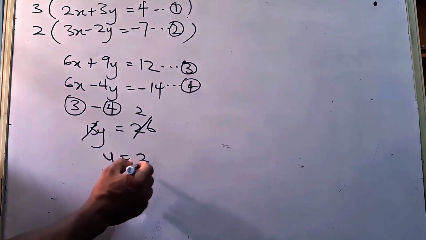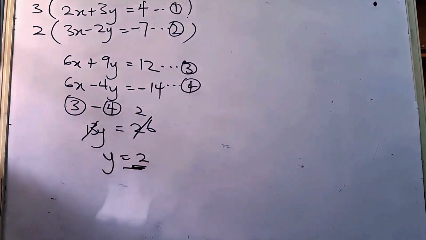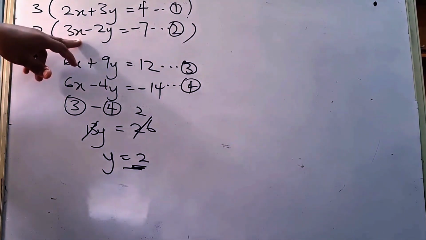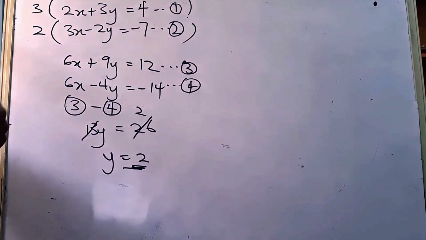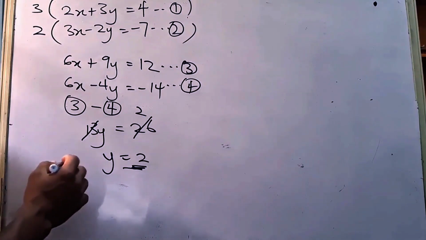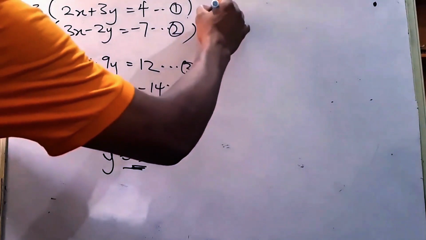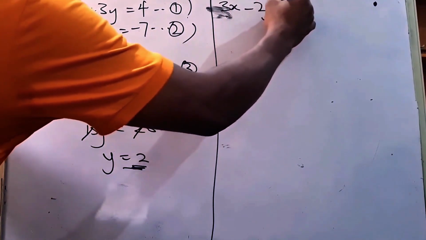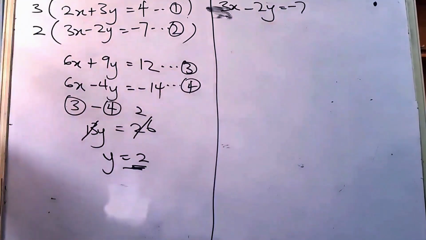So we take this value of y like we did before and substitute it in any of these equations. I pick equation 2. I substitute into equation 2. Equation 2 says that 3x minus 2y is equal to minus 7.